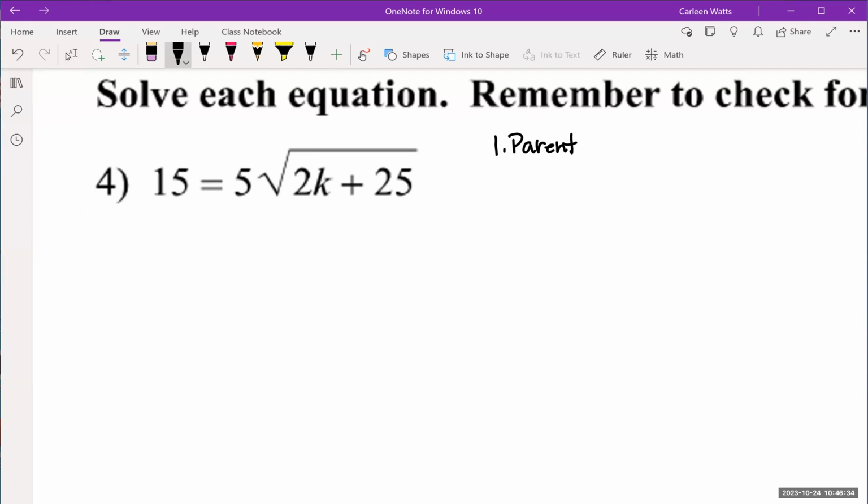The square root function is going to give us 1 answer or 2 answers. All right, ding, ding, ding, 1 answer. So we're going to isolate.